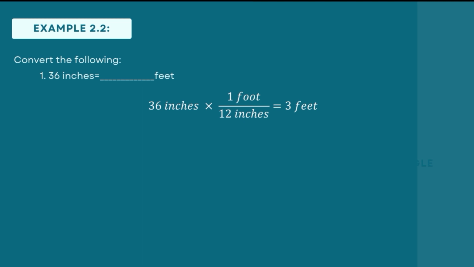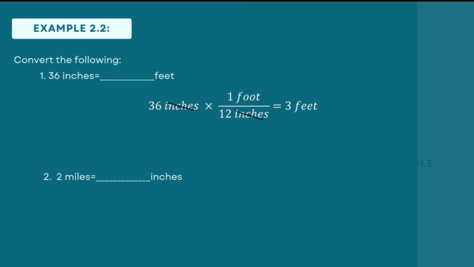We put 12 inches in the denominator and 1 foot in the numerator because we are going to cancel inches to convert it to feet. Canceling inches, what will be left is 36 times 1 foot divided by 12. Simplifying this, we get that 36 inches is equal to 3 feet.